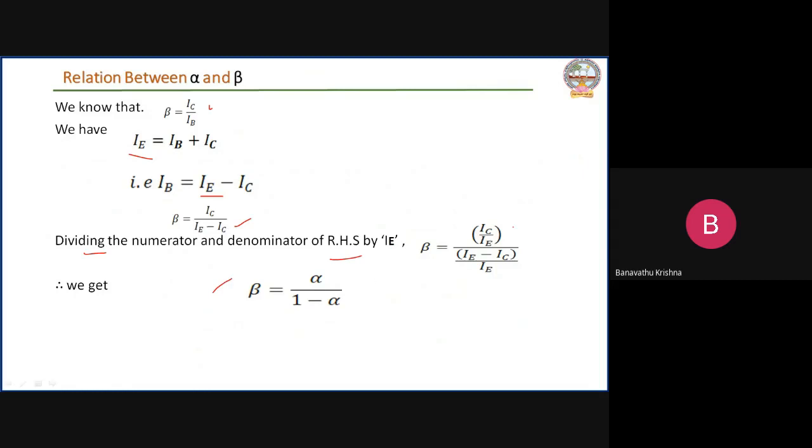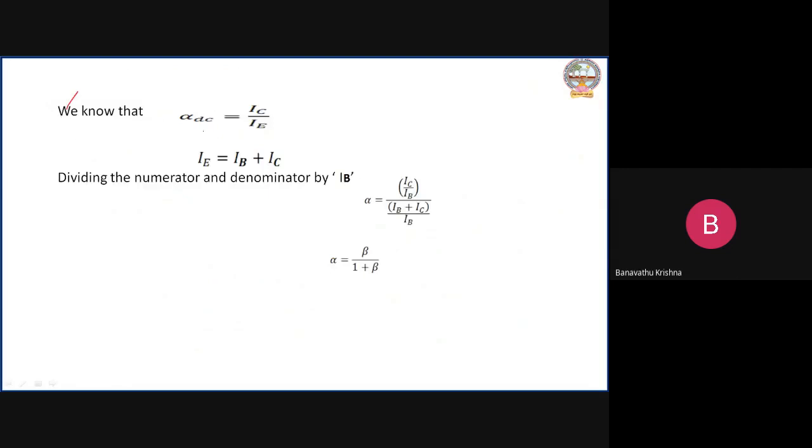IC by IE is nothing but alpha here. The IE by IE is cancelled, it is 1 here, and again minus IC by IE is again alpha. So beta equals alpha by 1 minus alpha. And we know that alpha DC equals the ratio of collector current to the emitter current, and by KCL, IE equals IB plus IC.